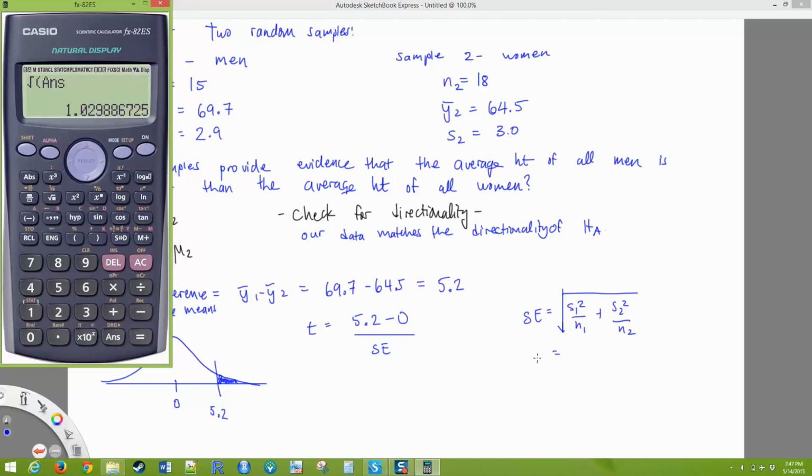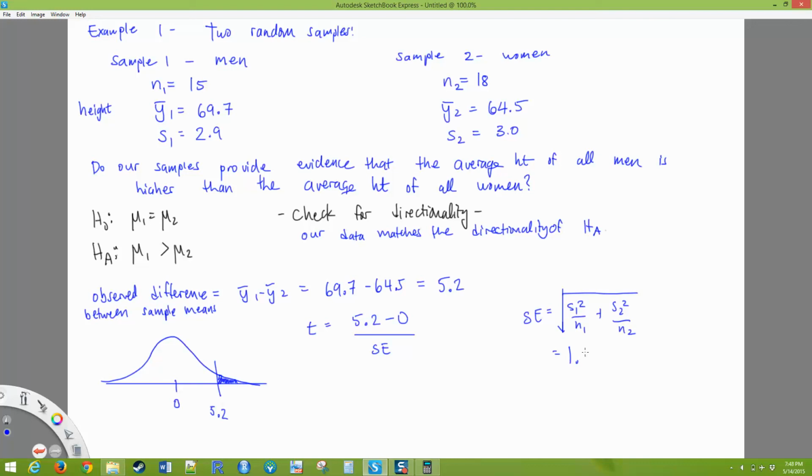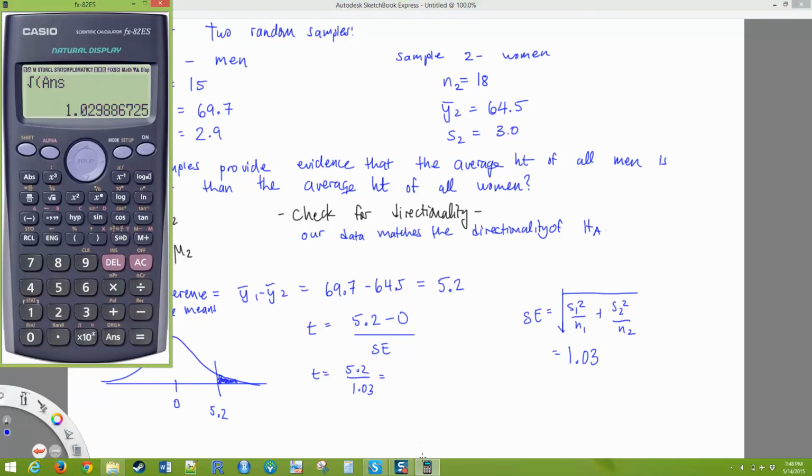Okay, so I get a standard error of 1.0299, or 1.03 pretty much. So my t is going to be 5.2 over 1.03. Okay, I get a t score of 5.05.